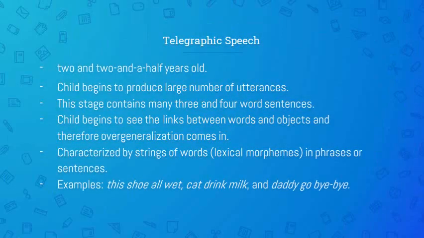Telegraphic speech. Between 2 and 2.5 years old, the child begins to produce a large number of utterances. This stage contains many 3 and 4 word sentences. The child begins to see the links between words and objects, and therefore overgeneralization comes in.